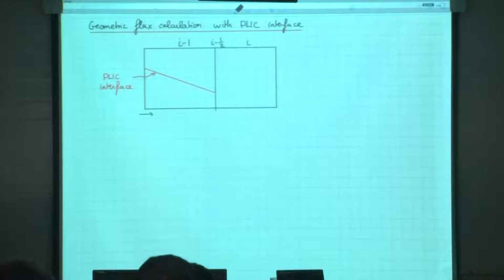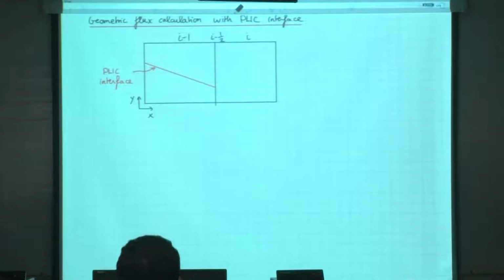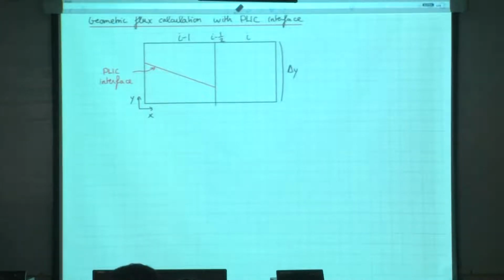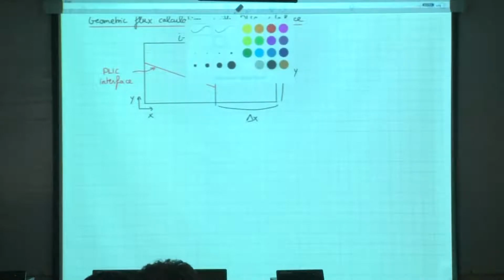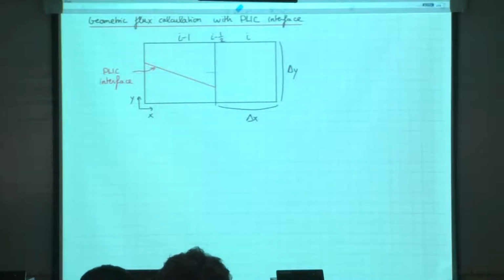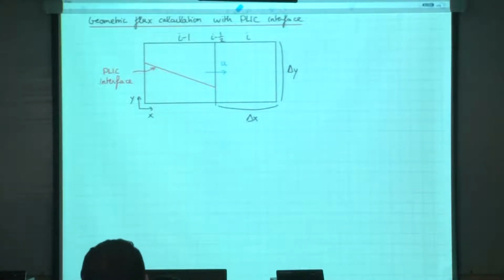So having said that, let's continue with some sketching of what's going on here. My cell height here is going to be delta y, this is going to be delta x. And I have a known velocity at the cell face. That known velocity, let's call it u.